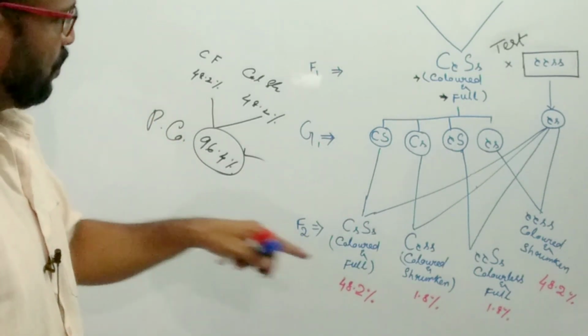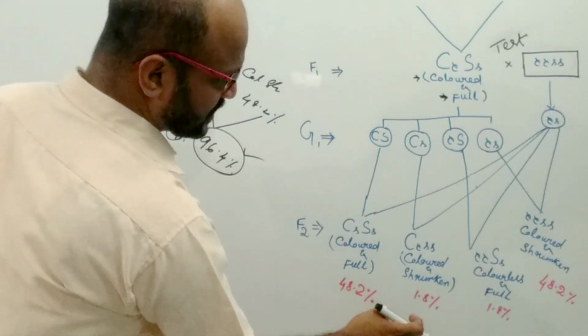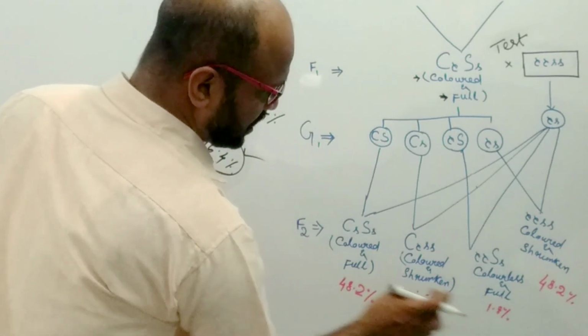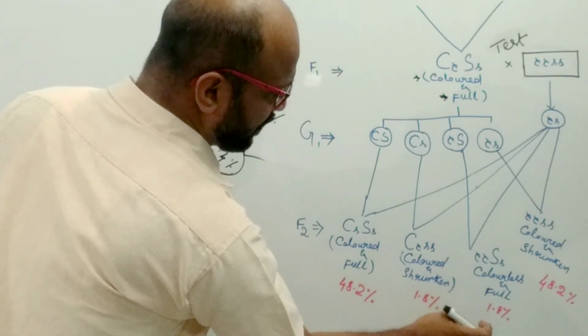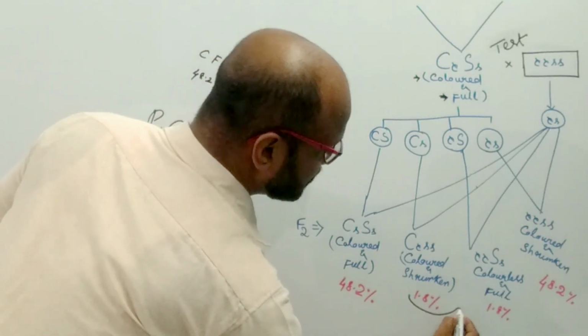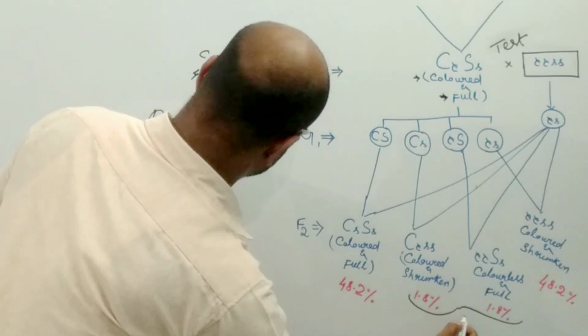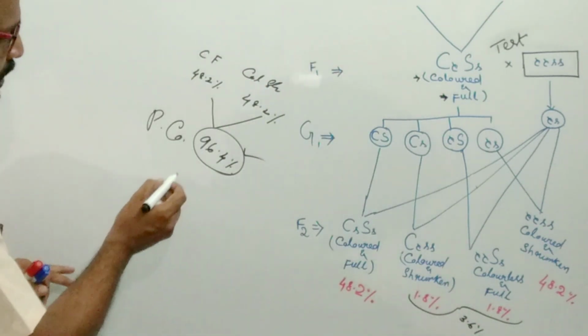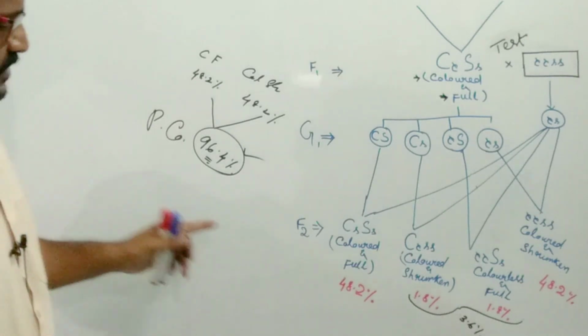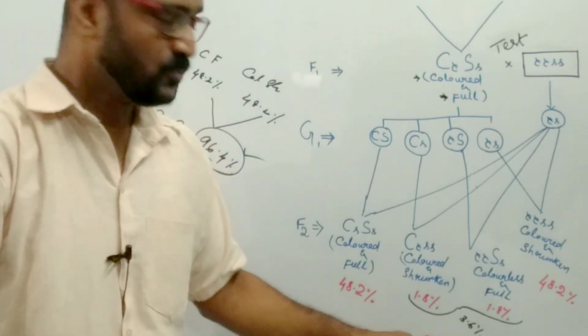The non-parental combinations, colored shrunken 1.8% and colorless full 1.8%, made a total of 3.6%. So the parental combination was more numerous than the non-parental.